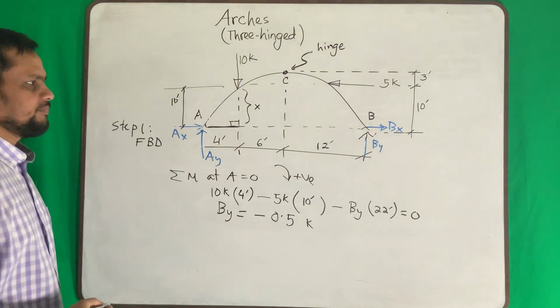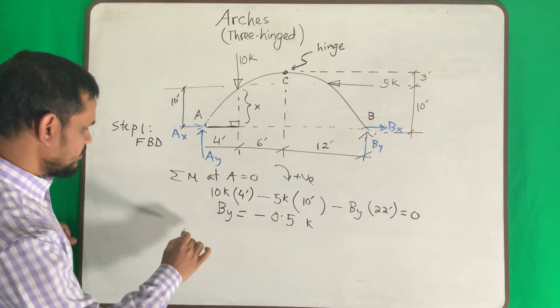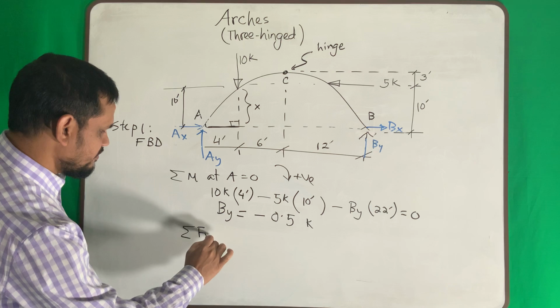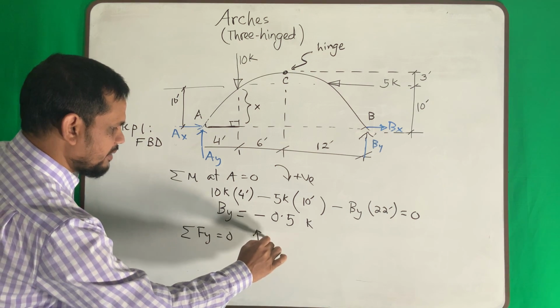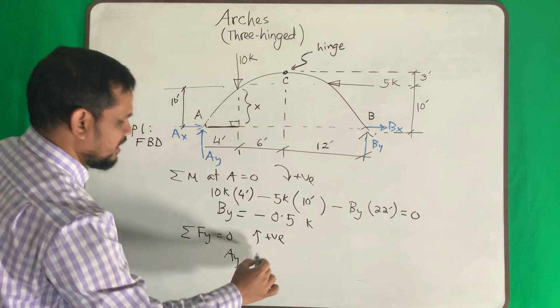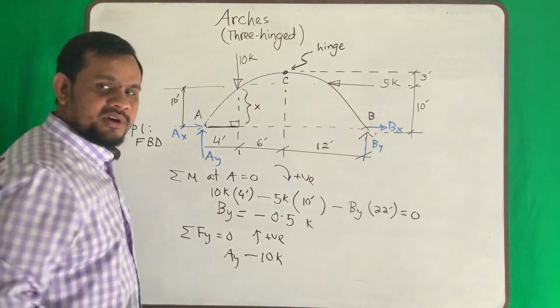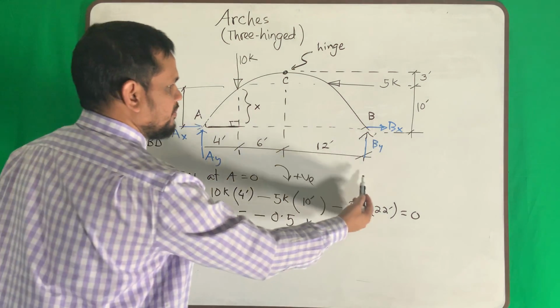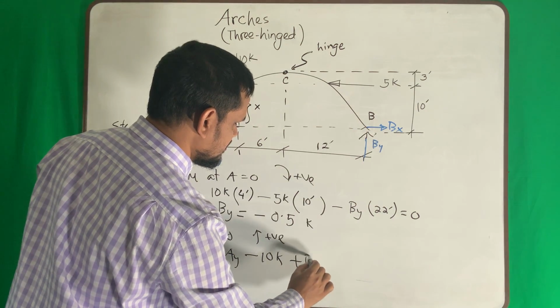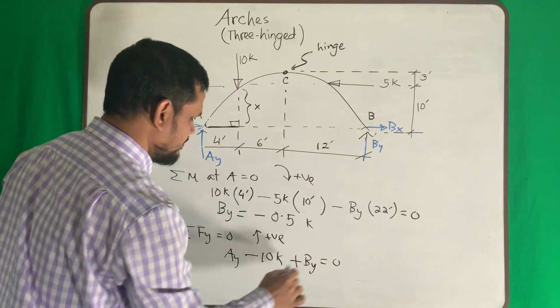So BY is done. Then if I apply summation of Fy is 0, I will get AY. So summation of force Fy is 0, say upward is positive, so AY upward minus 10 kip downward. BX will not be counted because this is horizontal. BY upward, so BY upward is 0. Now what is the value of BY?